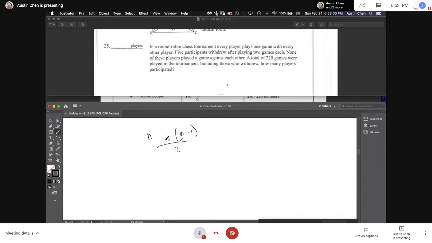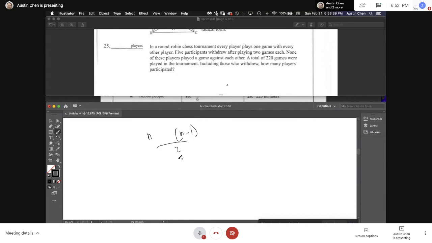Okay, let n be the number of participants after the 5 people have withdrawn. Let's think about the situation after the people have withdrawn. After they've withdrawn, every player is still going to play every other player once. So we're still going to have this number of games after they withdrew, and then before they withdrew, they played 2 games each with other people that are not themselves.